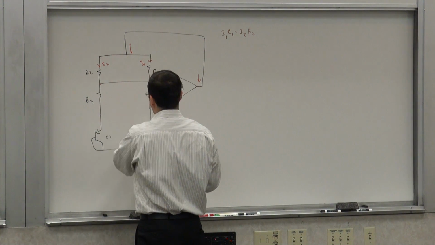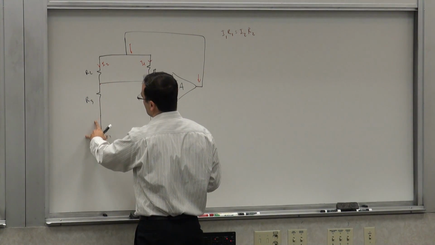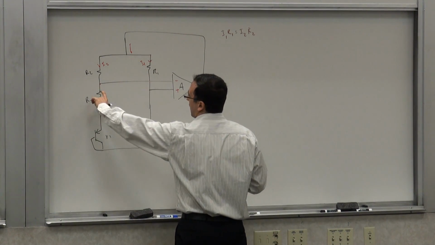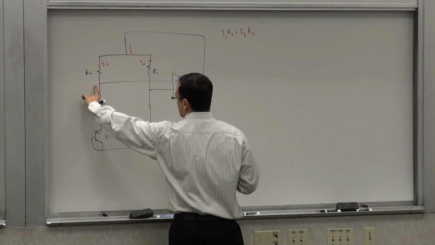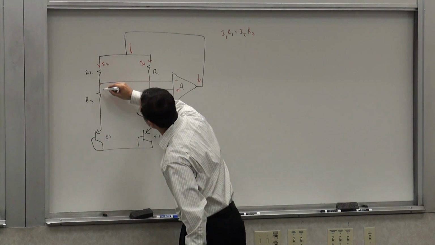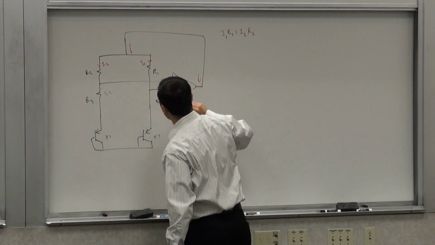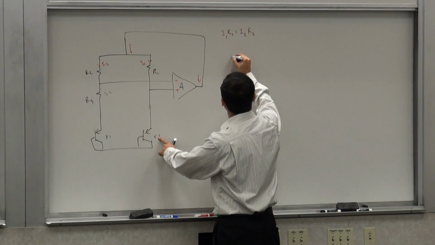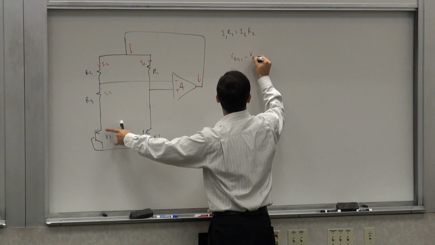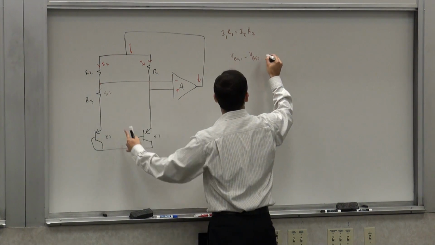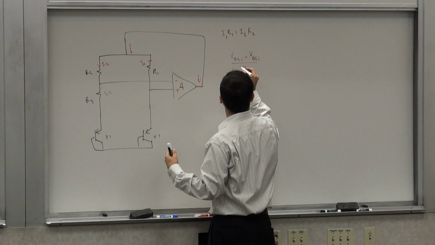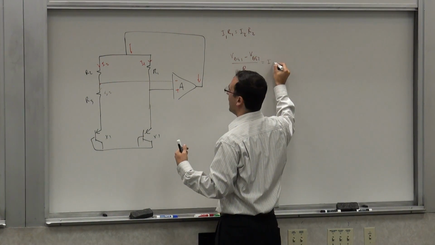So this VBE minus that VBE is going to be the voltage drop across this guy. So let's calculate the current. I2 is going to be VBE1 minus VBE2, the VBE of this guy, divided by R3, it's going to give me I2.